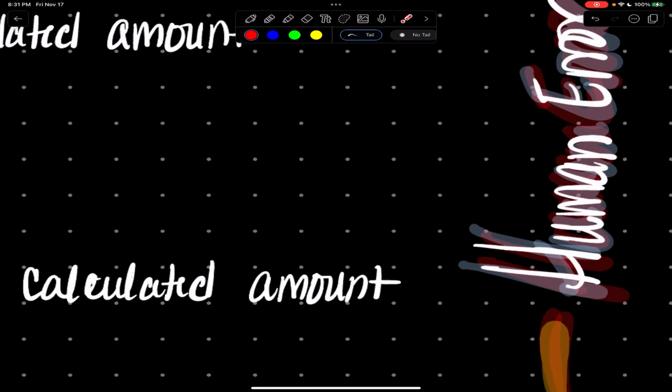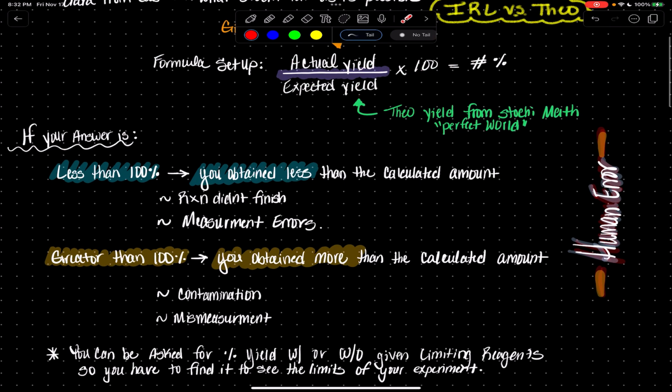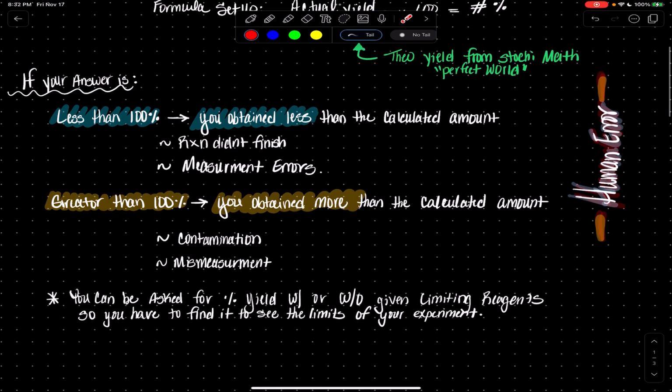So we're all human. We're all made up of parts and pieces that are fallible, which means you can get things wrong. And the act of getting things wrong isn't such a big deal as long as we learn from those mistakes and correct them going forward. So if you get an answer that's less than 100%, that means you've obtained less than the calculated amount.